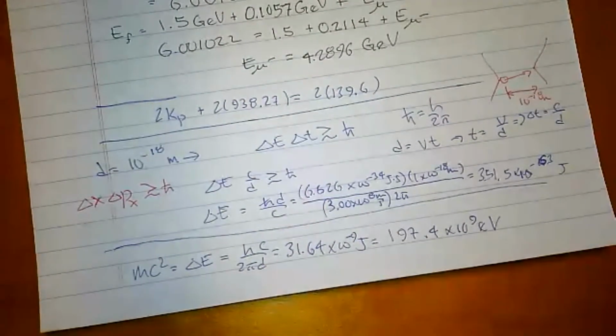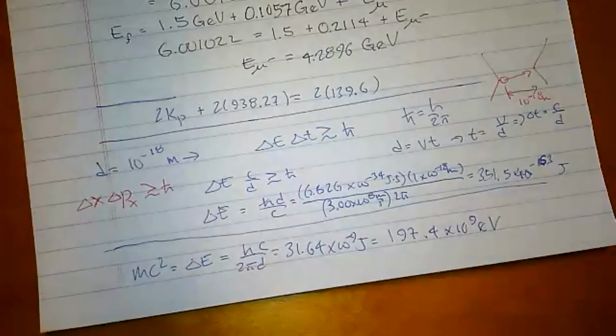Okay, so I just want to make sure I understand this correctly. Delta E times delta T is greater than or equal to H bar. H bar is H over 2 pi, and H is Planck's constant. Right. So that means you can have a particle with a certain energy exist for a certain amount of time and not violate any laws, just because we can't measure things accurately enough.